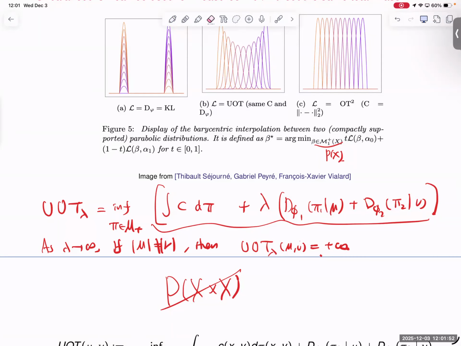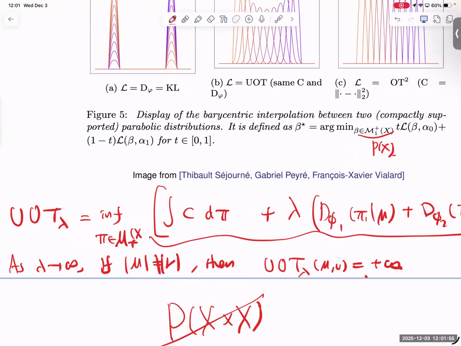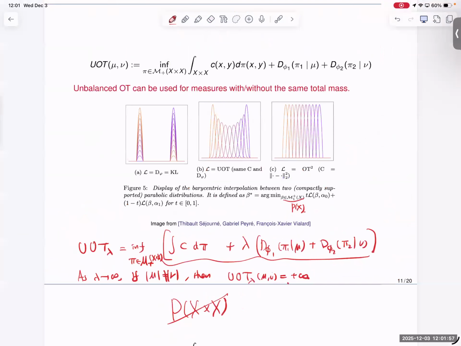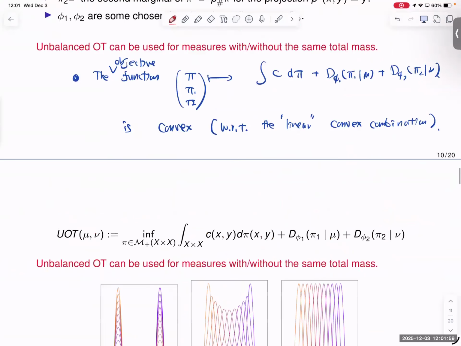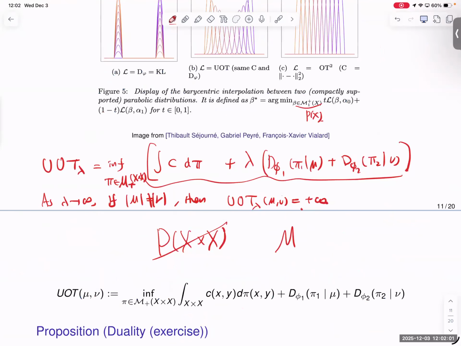So this pi belongs to, did I mention it correctly before? Yeah, to the space of partial measures on the product space.